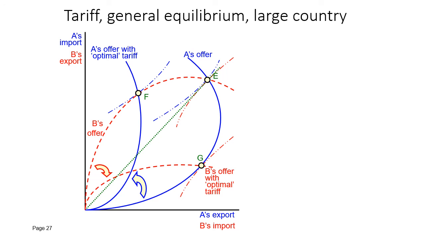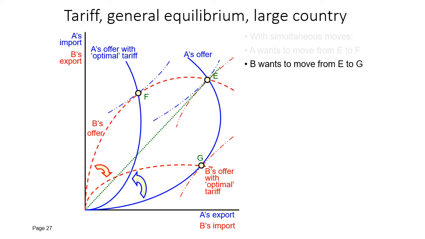But by both of them applying their tariffs, they are not landing at point F and they're not landing at point G. They are landing at a new point because they're doing this simultaneously, right? A wants to be at F, B wants to be at G. They both don't want to be at E because they feel F and G is better for each country respectively.